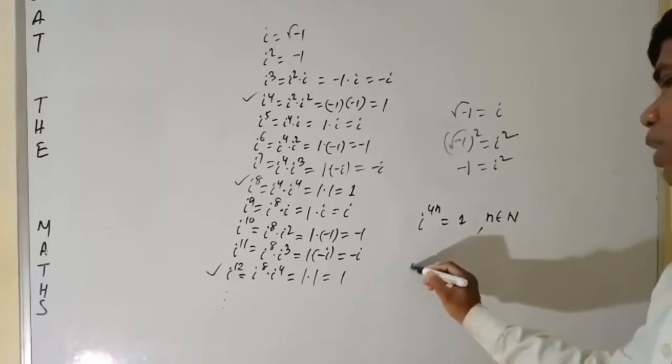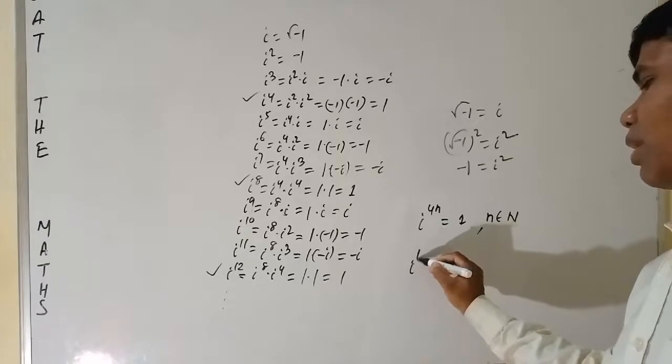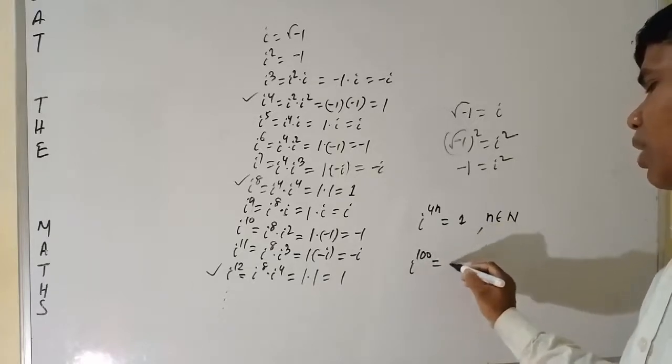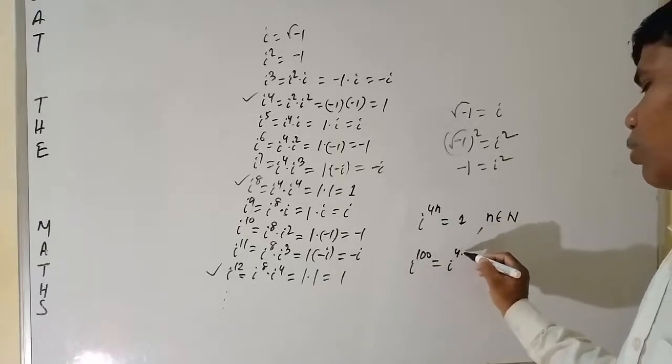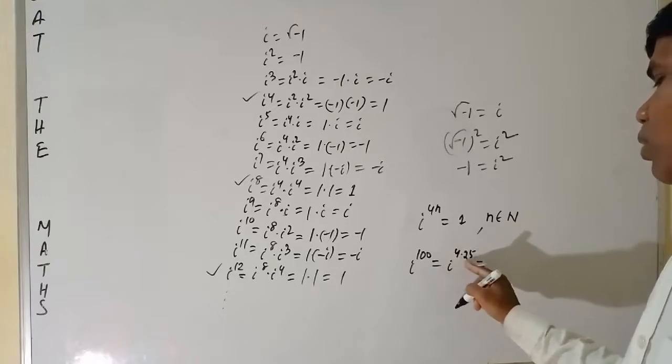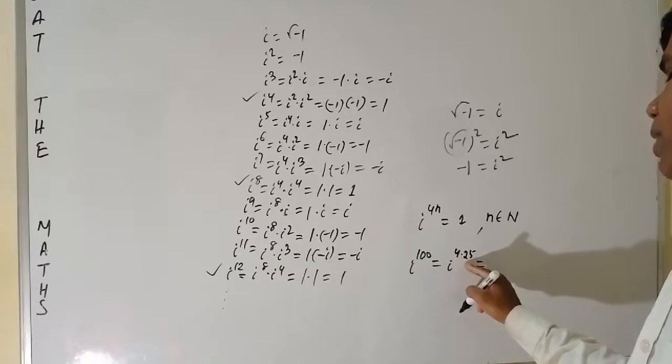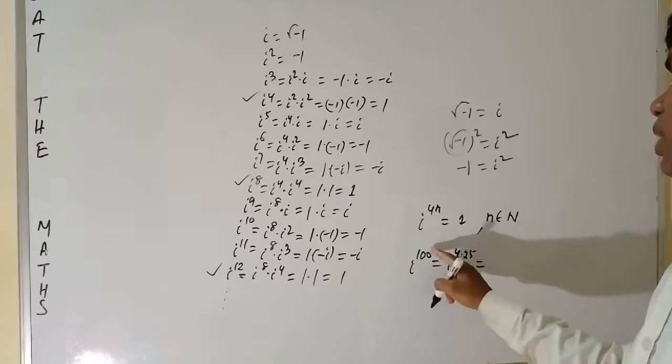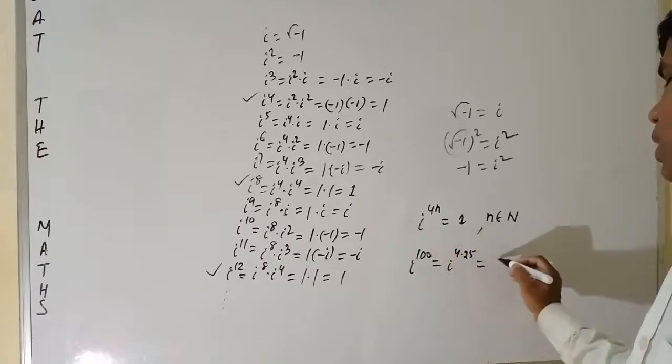So suppose i to the power 100 is given. You see, 100 means 4 into 25. 4 multiplied by 25, that means this is divisible by 4, so this is equal to 1.